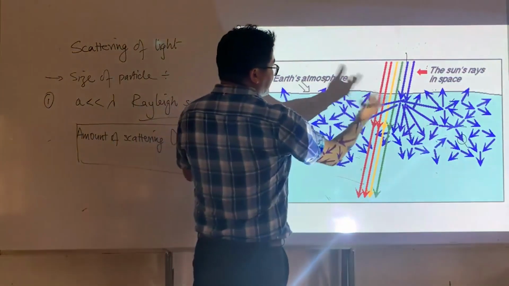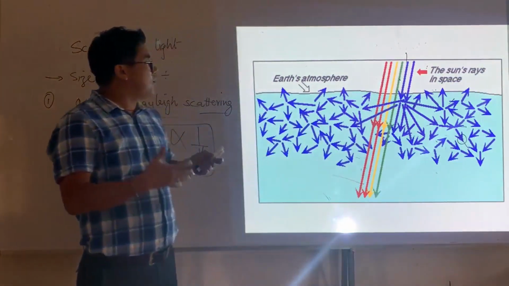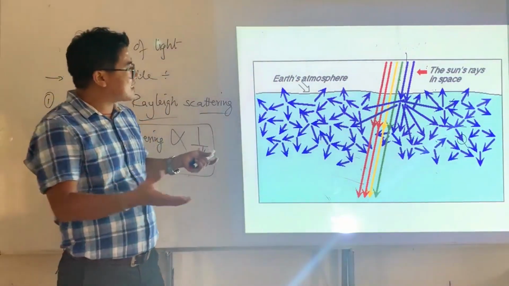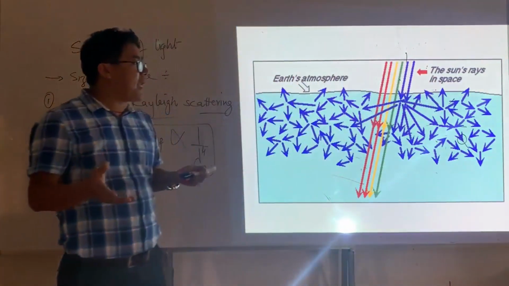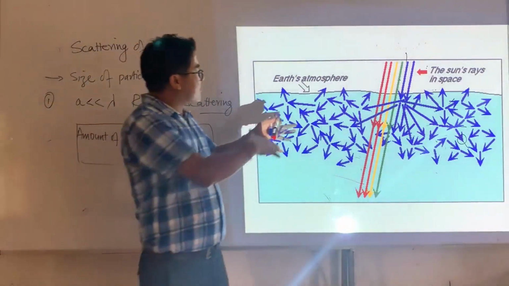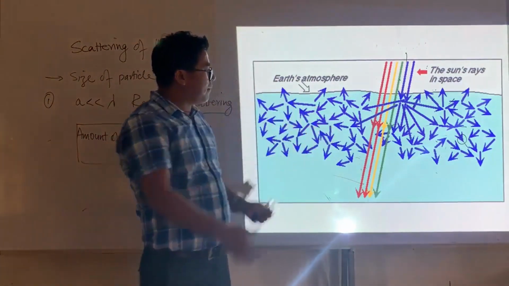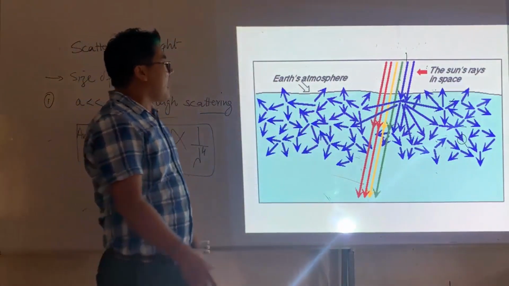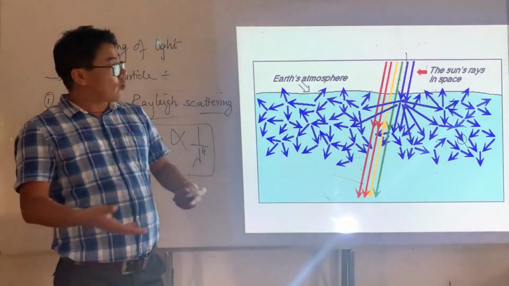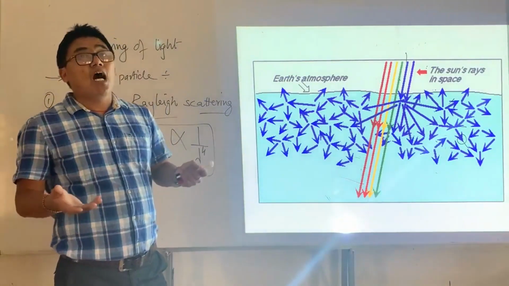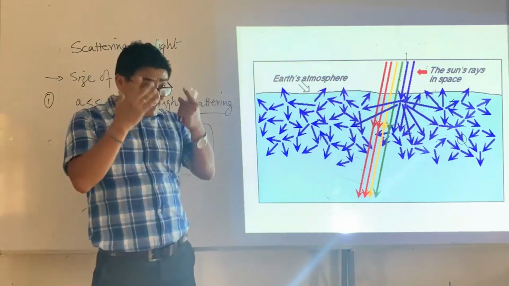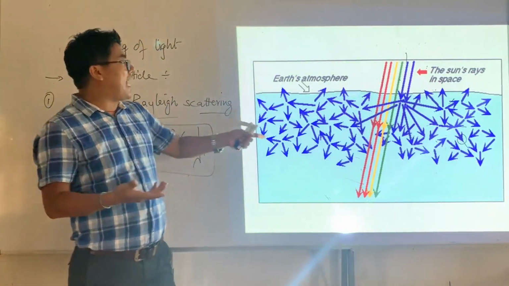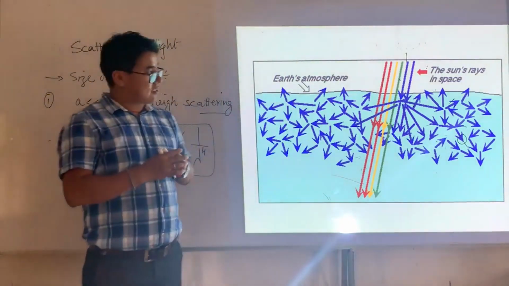Therefore blue normally takes the maximum scattering, and you find a blue color every day, everywhere in the sky. Therefore, the sky appears blue. And then you see violet. Yes, violet scatters more. However, the sensitivity of our eye toward blue is much more than violet. So this is the reason.